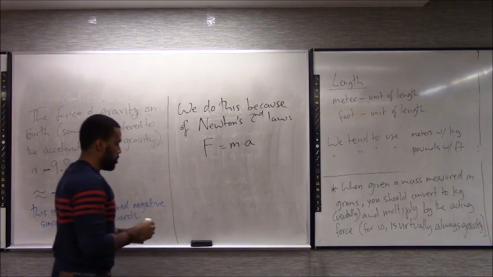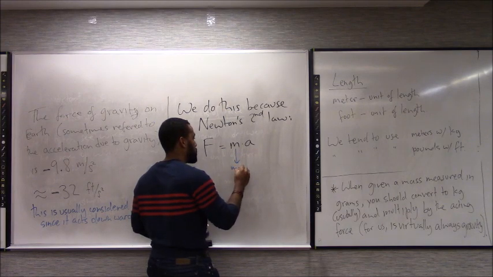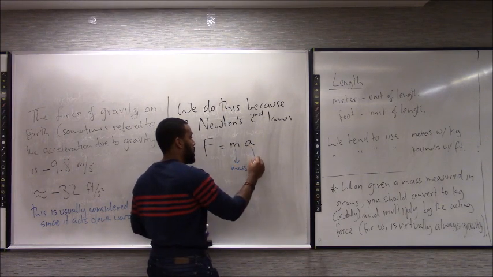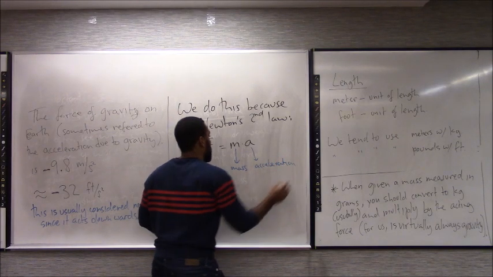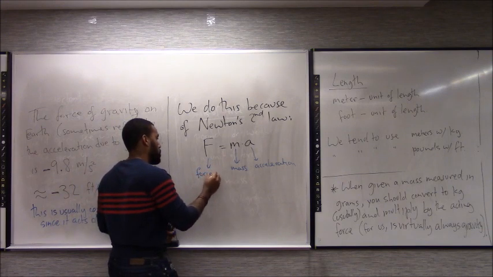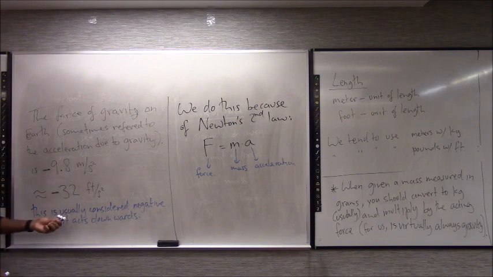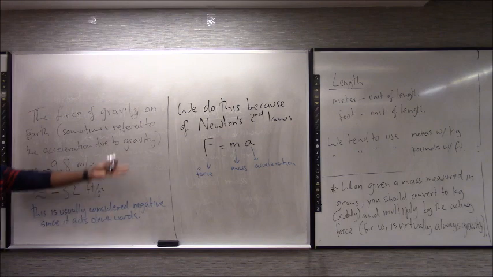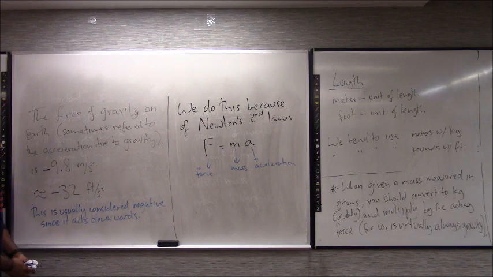Here, m is the mass, which is going to be in grams or kilograms, and a is the acceleration, which is going to be the acceleration due to gravity. By multiplying these two, we obtain force. So it's very important when you're reading the problems, you might need to multiply by gravity. And when do you need to multiply by gravity? If I give you grams or kilograms. If I give you pounds, don't multiply by anything. Use the pounds. So that's going to be important.